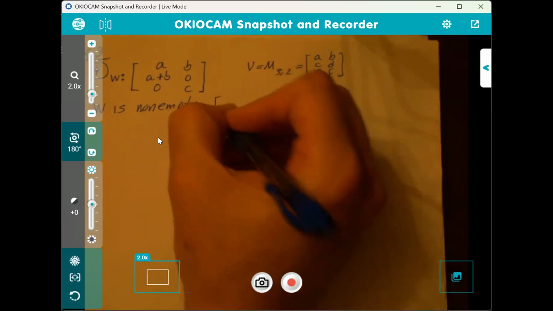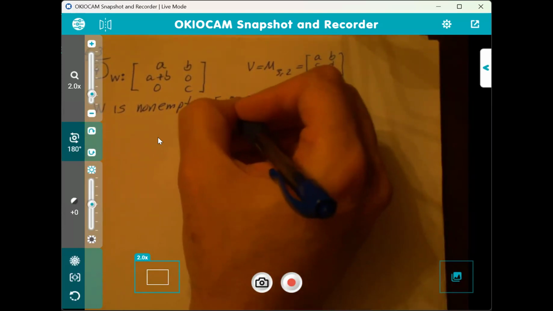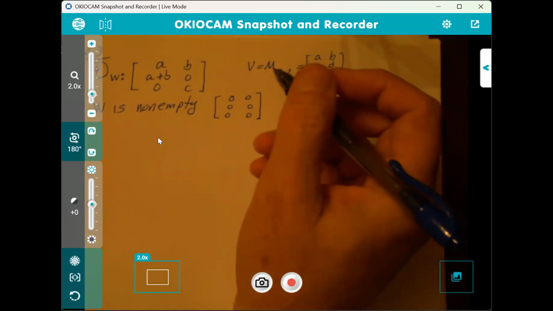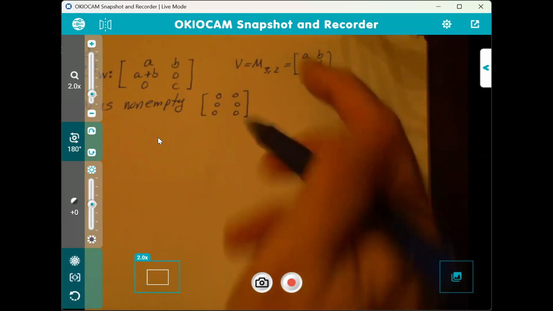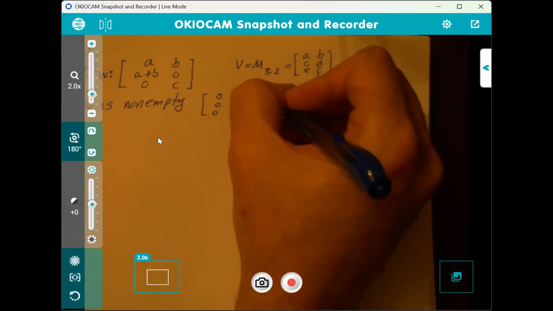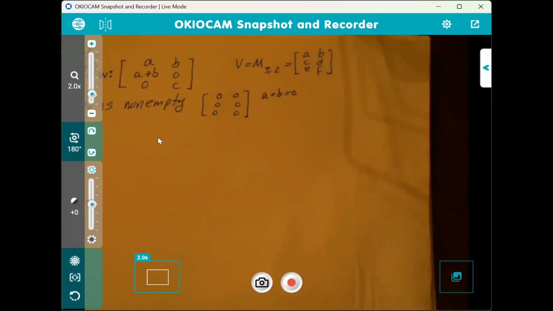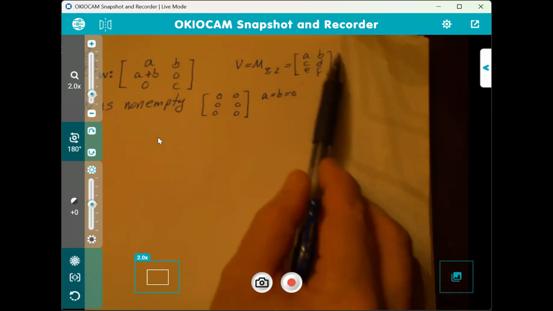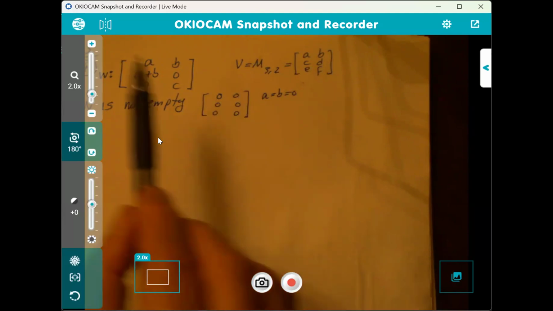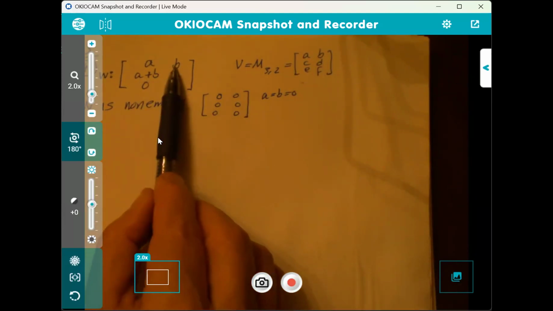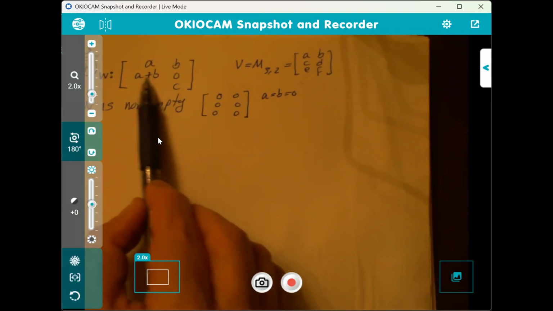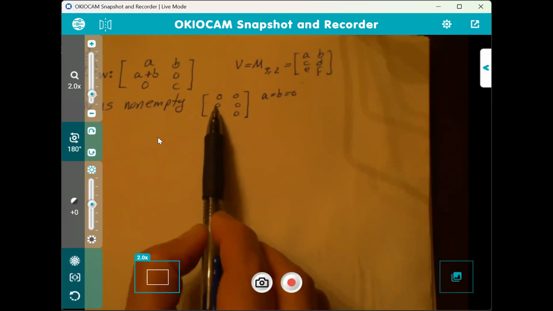So in other words, 0, 0, 0, 0, 0, 0. Will this work? This is the case where A equals B equals 0, right? So remember, A, B are real numbers in the general vector space here. So if I let A be 0, B be 0, isn't 0 plus 0, 0 for the second row, first column?